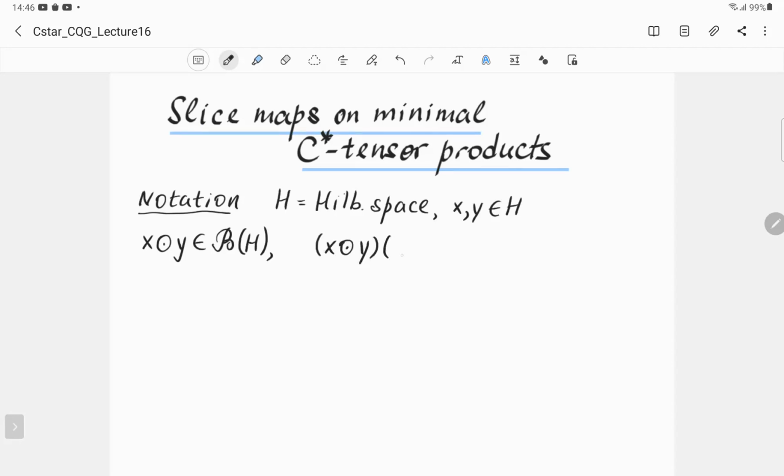It takes an arbitrary element Z to the following vector. So this is a rank 1 operator, and its image is the one-dimensional subspace spanned by X.